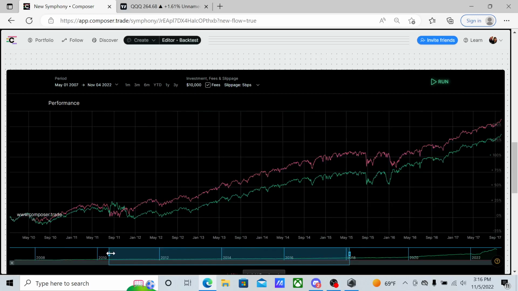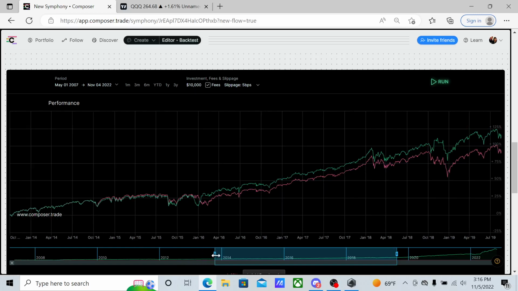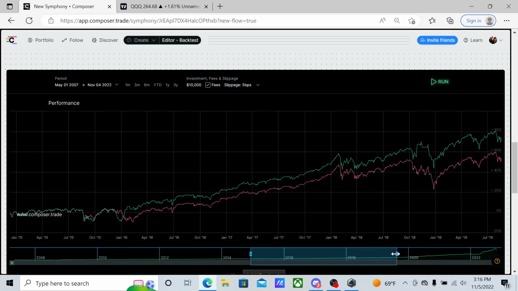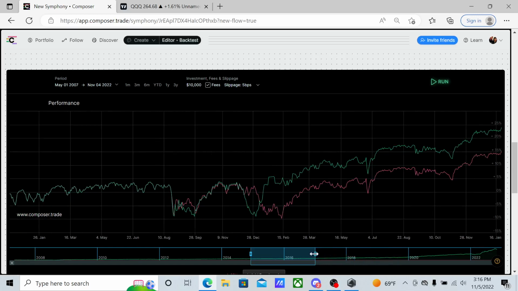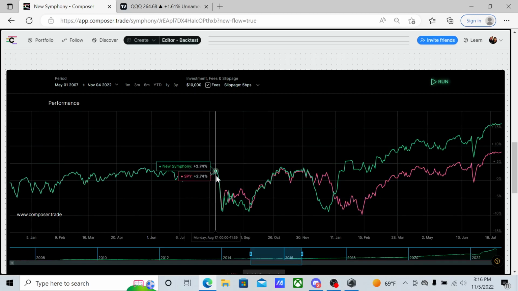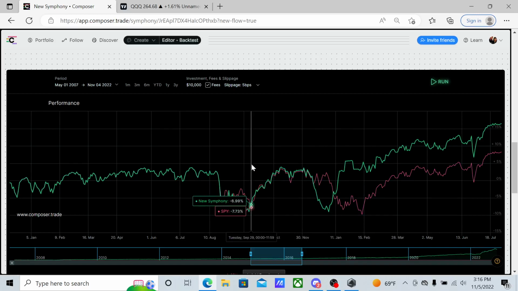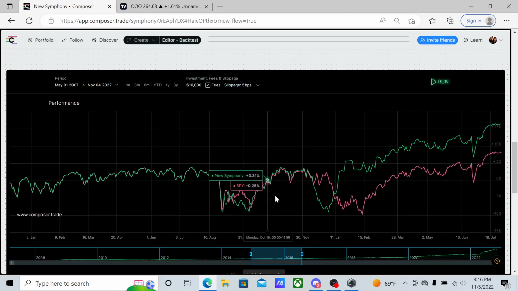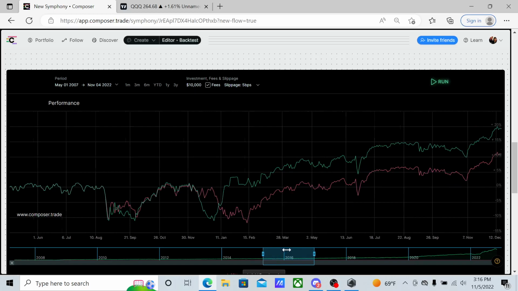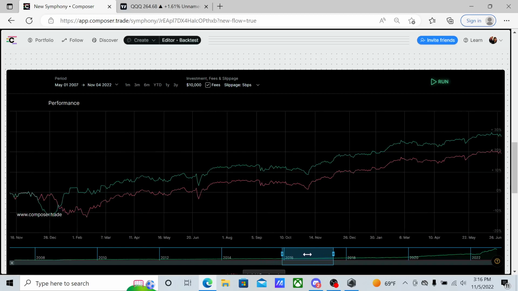So, if you had a zero beta or a negative beta strategy, these periods like this is where it's going to help you. It's going to minimize your drawdowns in fast moving drops, and it's going to act as a hedge basically. Those are nice to have.